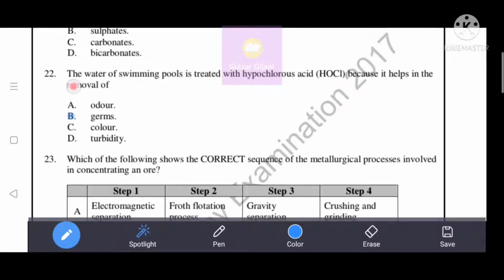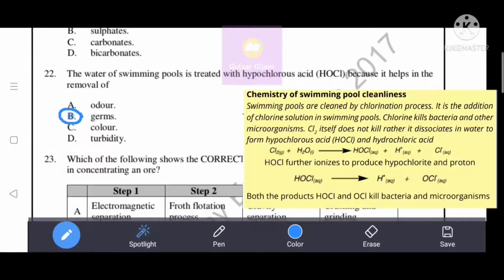Next question. The water of swimming pools is treated with hypochlorous acid HOCl because it helps in the removal of given option odor, germs, color, turbidity. Among these, the correct answer is option B, that is germs. As you know, swimming pools are cleaned by chlorination process. It is the addition of chlorine solution in swimming pools.